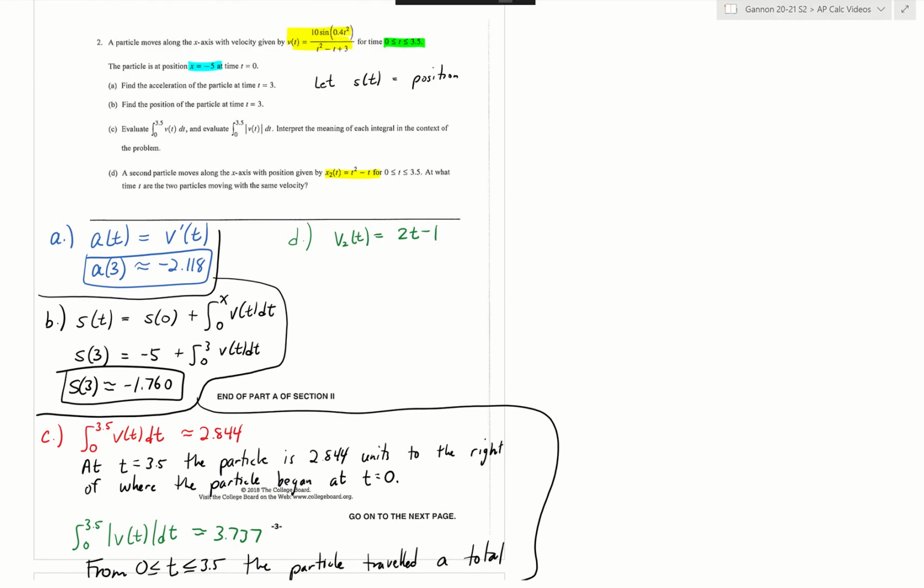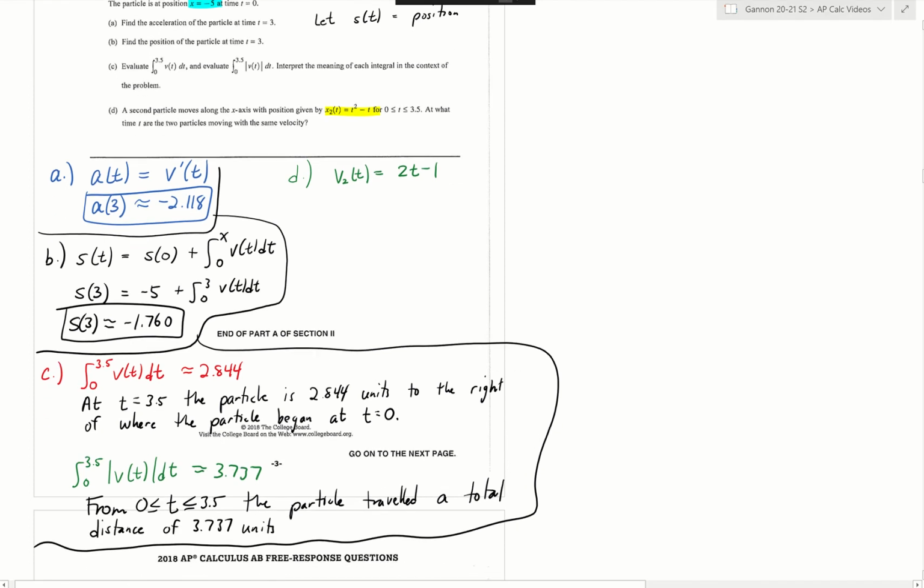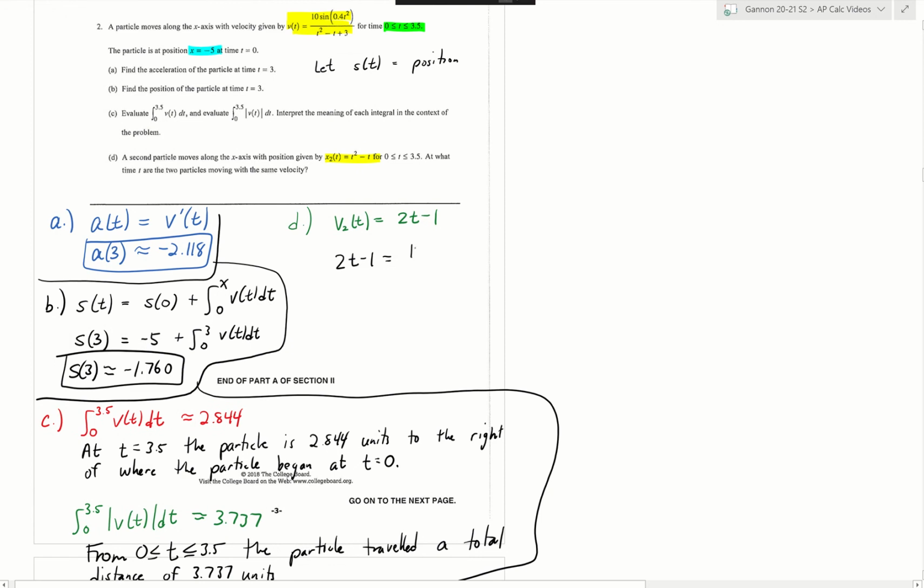If we want to know when they have the same velocity, those two velocities need to be equal, which means we're simply going to set up the equation of 2t minus 1 is equal to 10 sine of 0.4 t squared over t squared minus t plus 3.